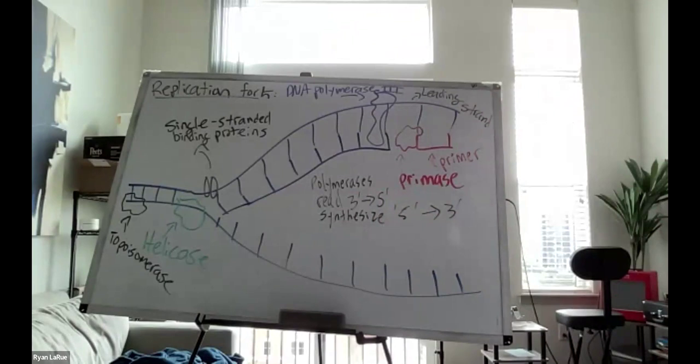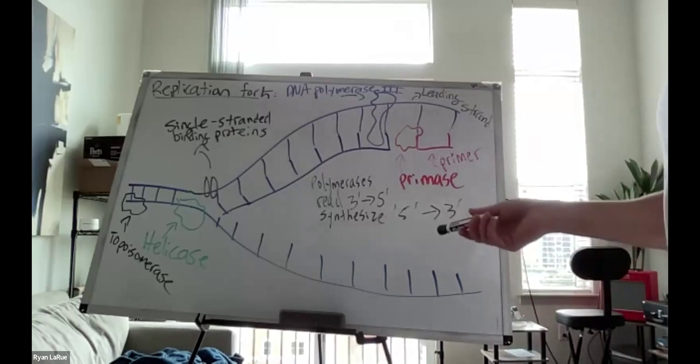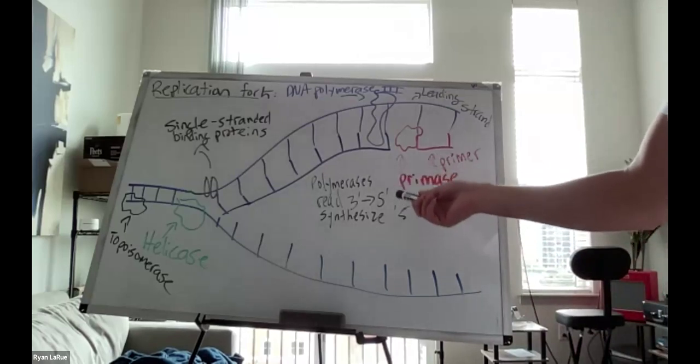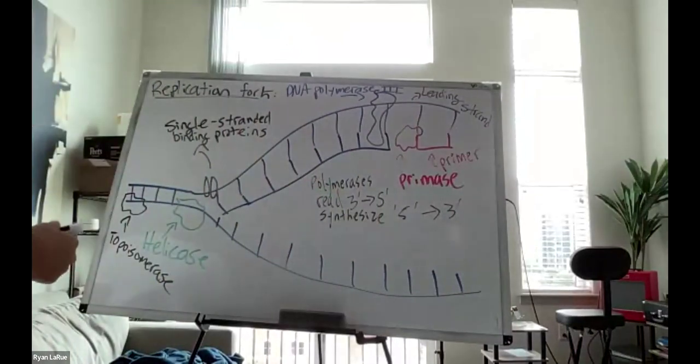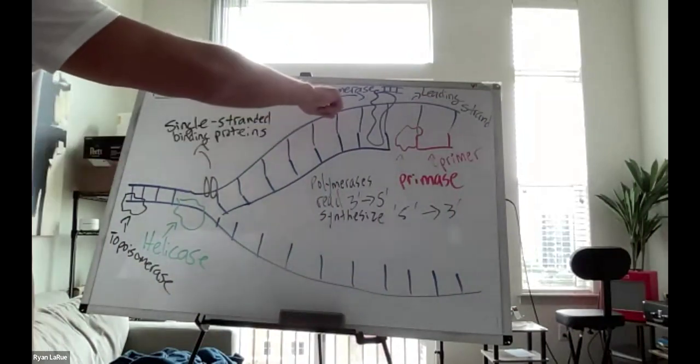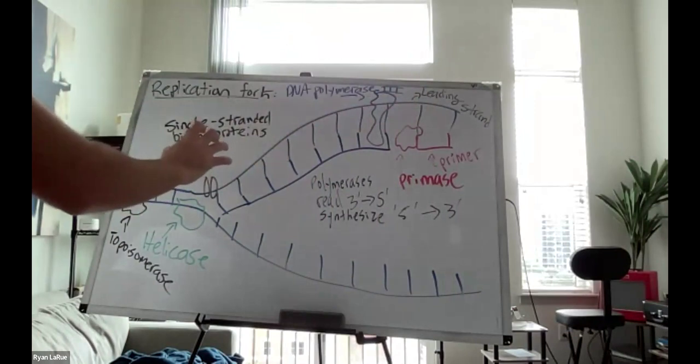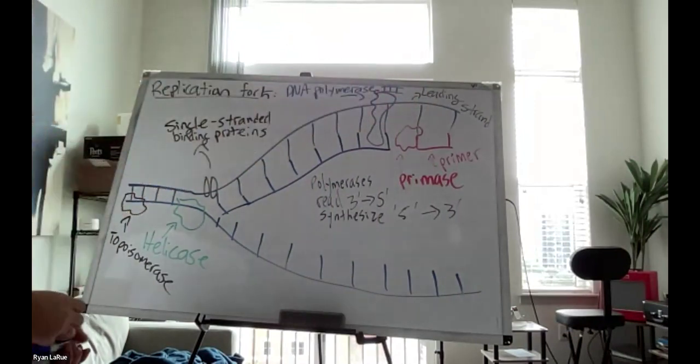Well, essentially, we can look at the leading strand here first. Let's write in the directionality, the orientation of the DNA molecule here. So if we look at our original, I think I used green on the other side, so let's do that. This polymerase is going to read the template strand in the 3 to 5 prime direction. So what does that mean?